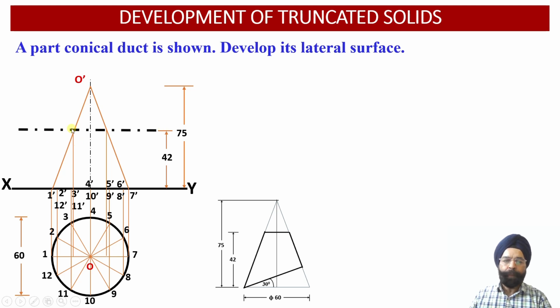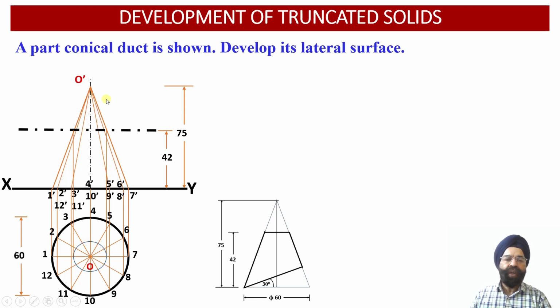Now the projections corresponding to the top face of this frustum of the cone, we have to obtain in the top view projections as well. Once we draw projections from these 2 points, we will be able to obtain the top view projections corresponding to the top face of the frustum of the cone.